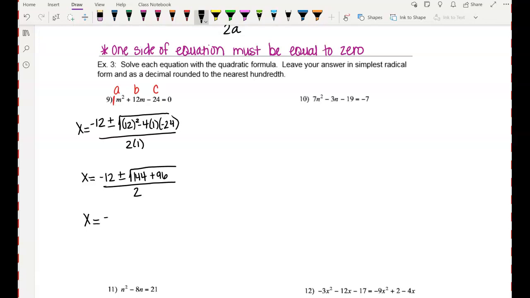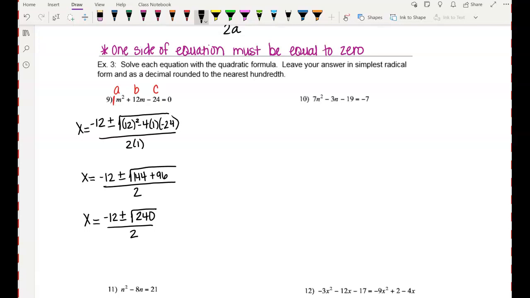So x equals negative 12 plus or minus the square root of 240 divided by 2. Now at that point you could go right into your decimal mode because you don't have to have the simplified radical.